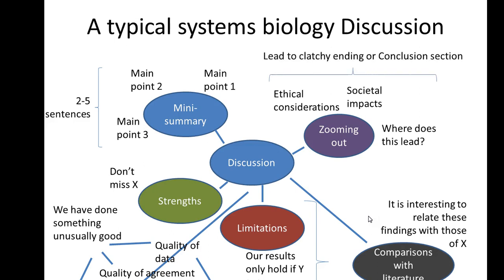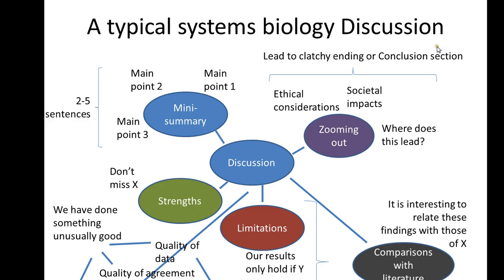And this typically leads to some clutchy ending or to a separate conclusion section. So you typically start relatively zoomed in, saying the main points, and then you put the nuances, and then you zoom out in the end. So here you have lots of variation possibilities, but this is relatively standard that you start with this and you end with this.